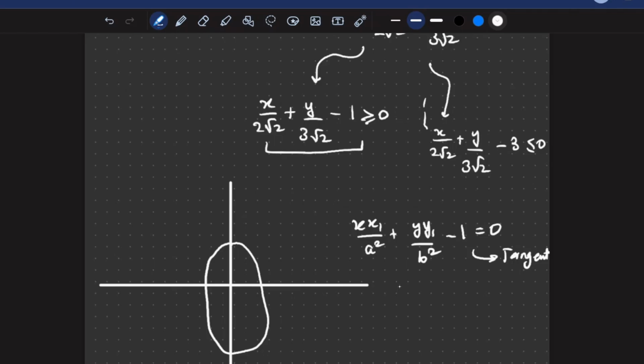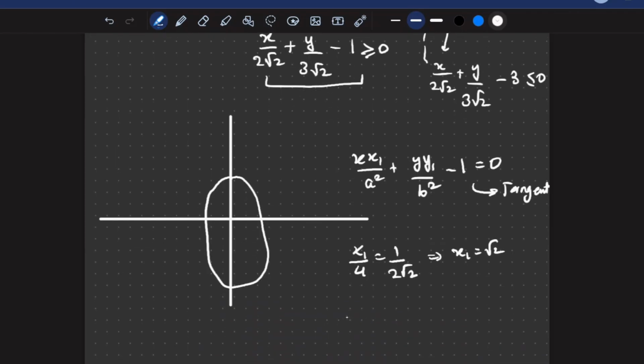Comparing the equations, x1 by a square is equal to 1 by 2 root 2, and from here I get x1 as root 2. And y1 by b square is equal to 1 by 3 root 2.